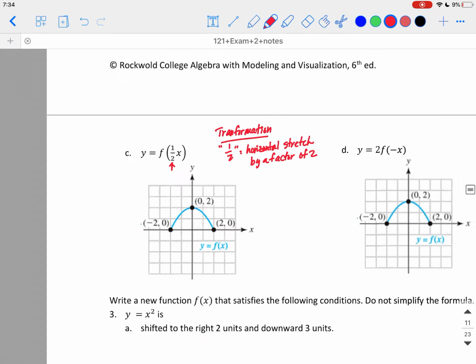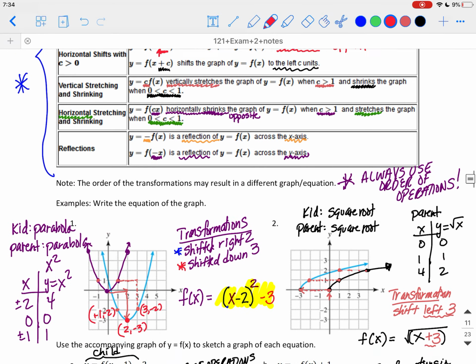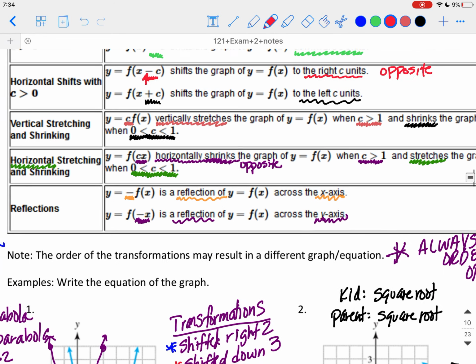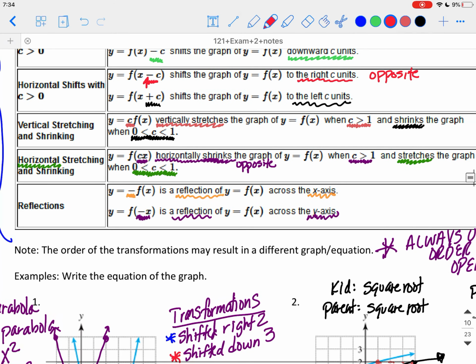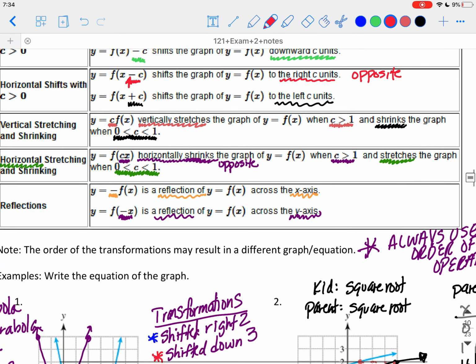Now, I'm going to go back to the notes here, and I'm going to add something up here. So here on this one, when I have a vertical stretch, I'm going to add this right here. Multiply, or for shrinks anyway, so multiply the y's by whatever the value of c is.